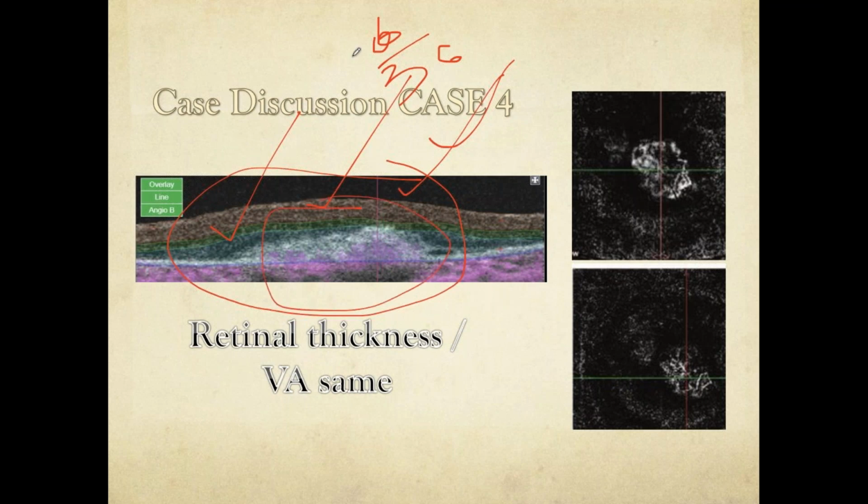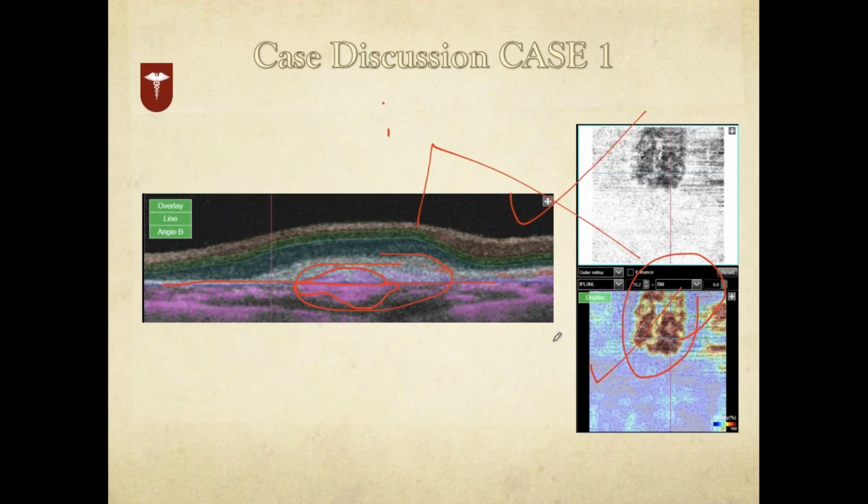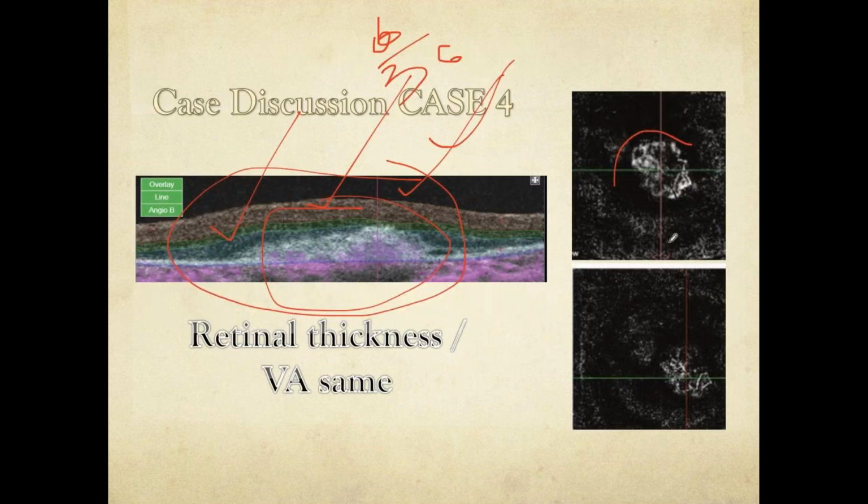looking for. If you look at the OCT angiography, the size of the CNV has gradually decreased over time, even if the retina looks flat and vision is stable, and you would say stop if you just have a normal OCT.